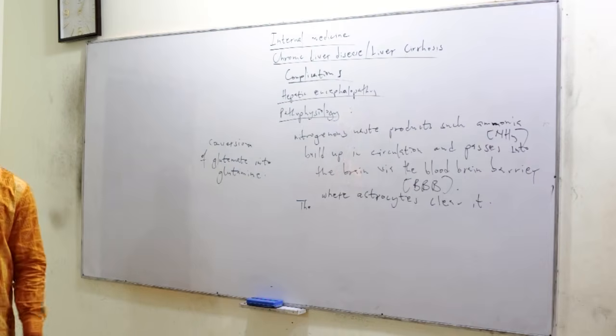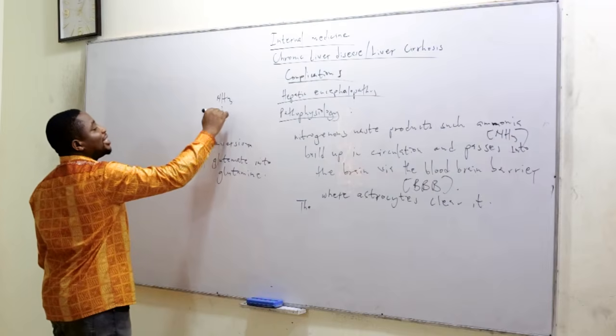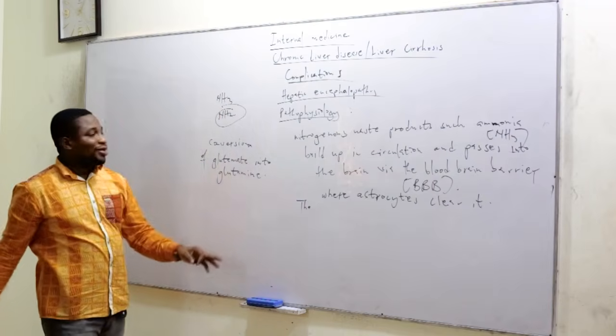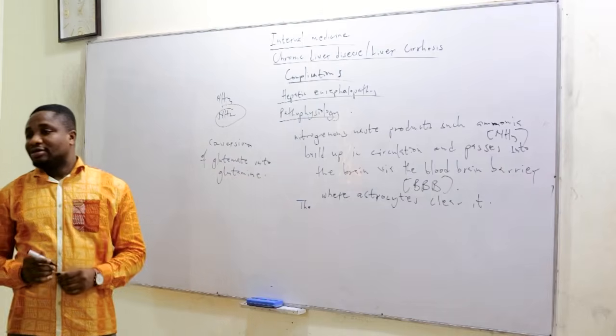And you know why? Because ammonia, if you look at ammonia, can you get NH2 from it? So if you add it to glutamic acid or glutamate, it can give you glutamine. Okay?